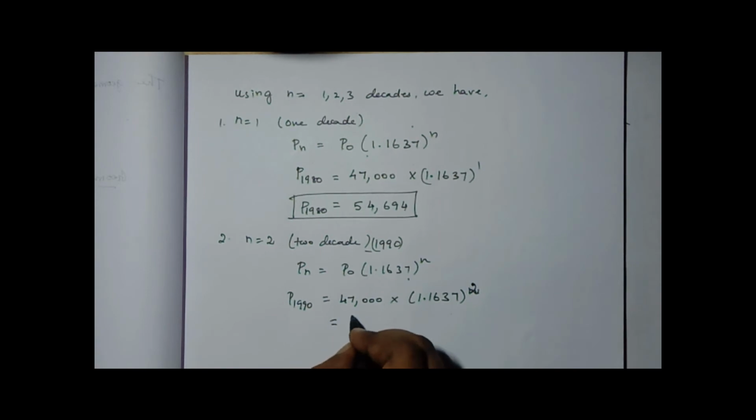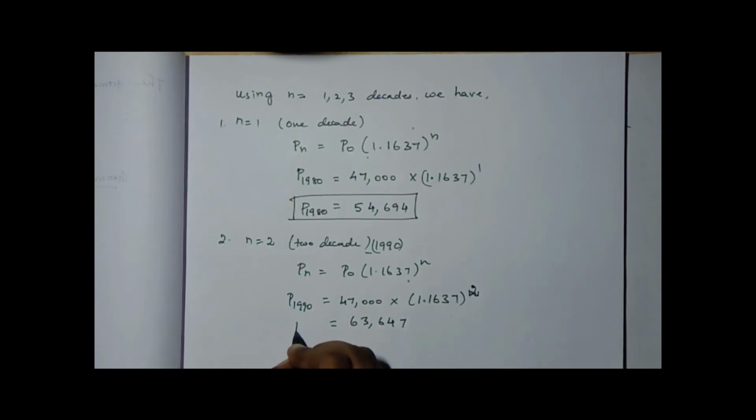We'll get 63,647. So this is the population in the year 1990, which we have already found using the arithmetic increase method.